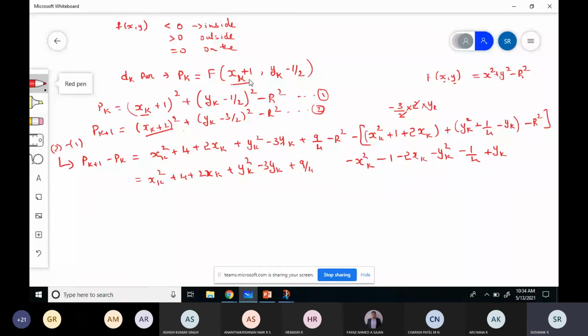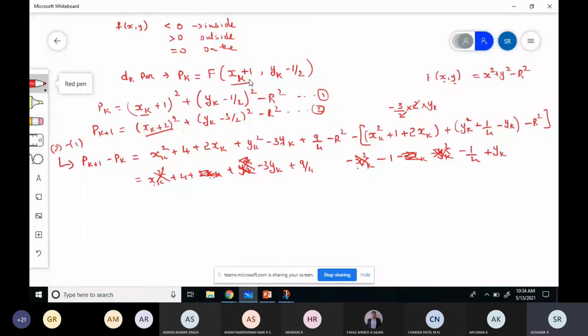Now xk square is also getting cancelled. 2xk minus 2xk cancels. Then yk square cancels.